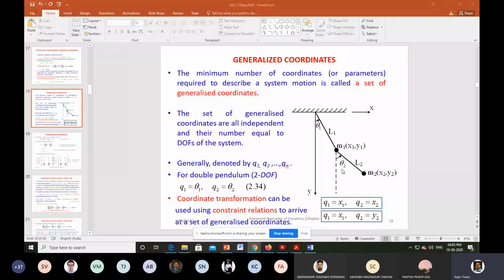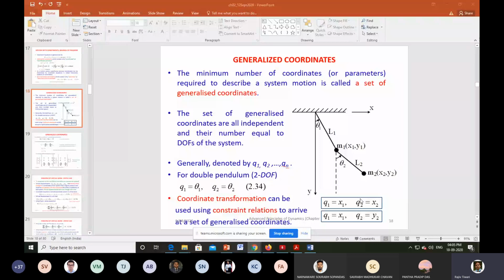You can choose any two, but the equations may become complex. For this kind of case, theta1 and theta2 are generally more convenient for getting the equation of motion. They are simpler in nature, as against x1, x2, or x1, y2, or any other combination.